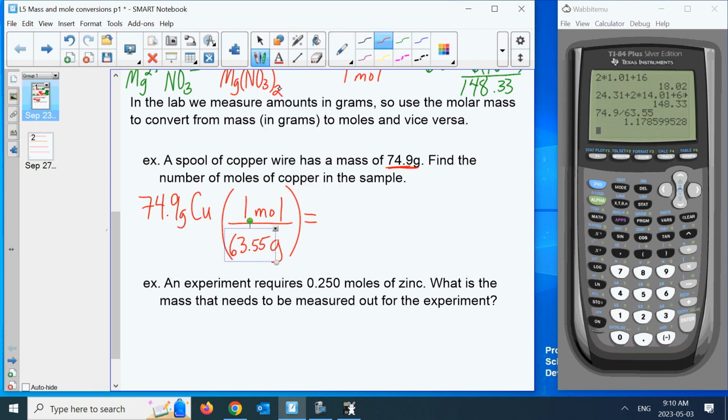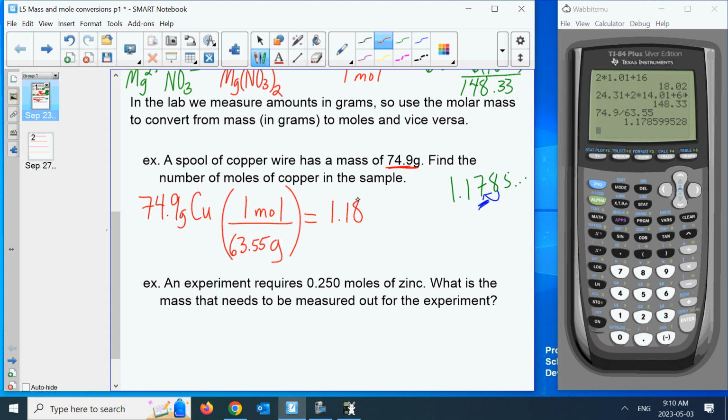Here's what the calculator says: 1.1785, blah, blah, blah. I need to keep 3 of these digits, but I don't chop it off. I use proper rounding. That 8 tells me anything 5 or higher, you round up. So I put 1.18 as my answer.